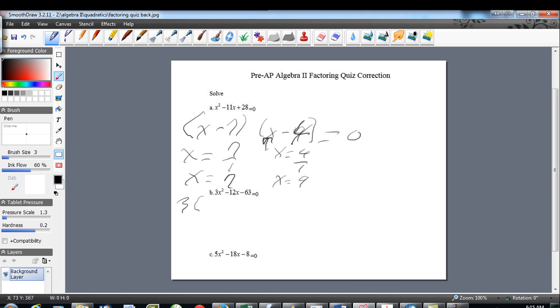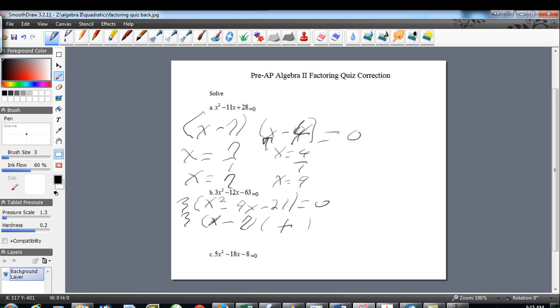You have 3x squared minus 12x minus 63. You've got 3x squared minus 4x minus 21. So one of these has got to be negative, one's got to be positive.